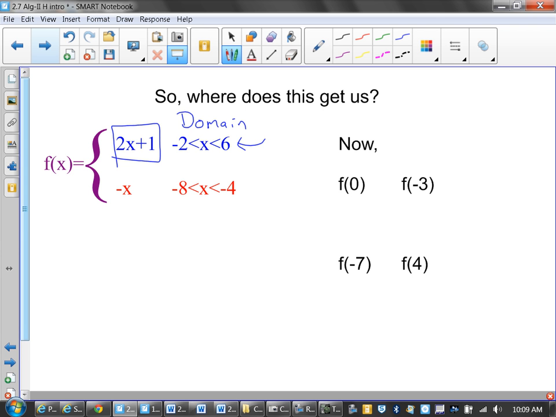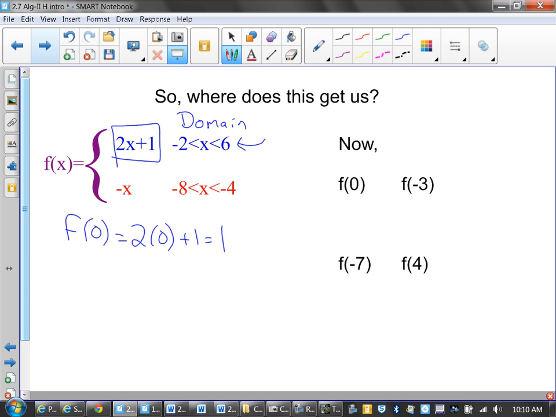Now, if I'm looking for f of 0, which equation does it relate to? The 2x plus 1 or the negative x? 2x plus 1. So at 0, I come over to my equations and figure out which one it goes into. f of 0 is going to equal 2 times 0 plus 1, which is 1.